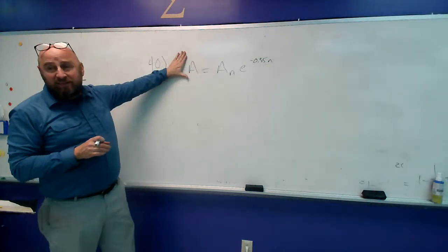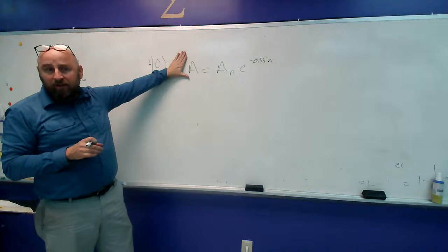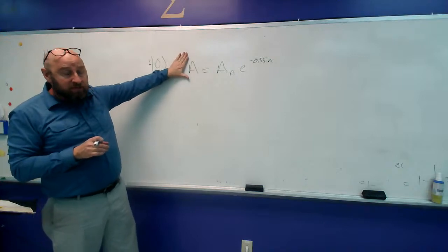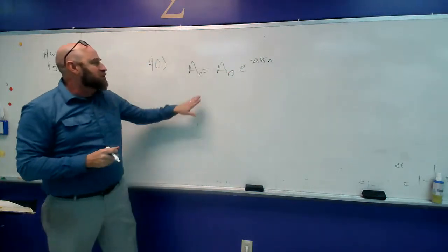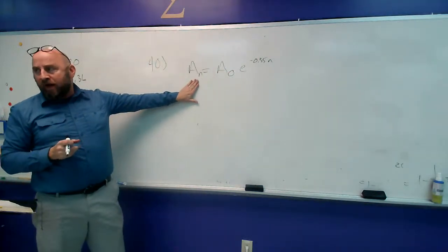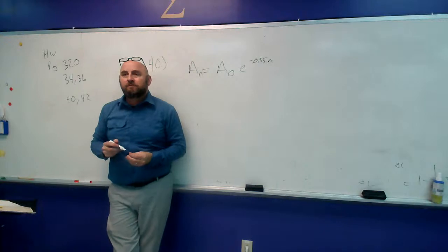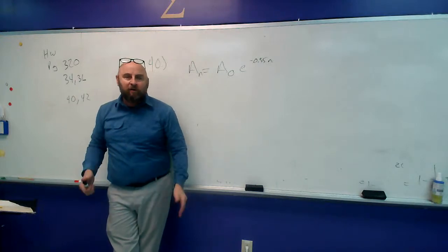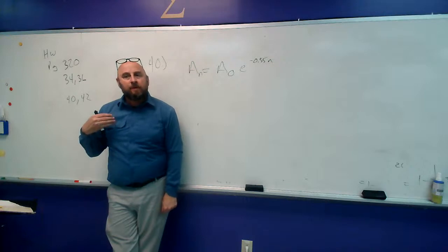So remember when I talked about the future value and interest? This is your A0, sorry. This is your An. This is your future value. I don't know if all healing happens at this rate.